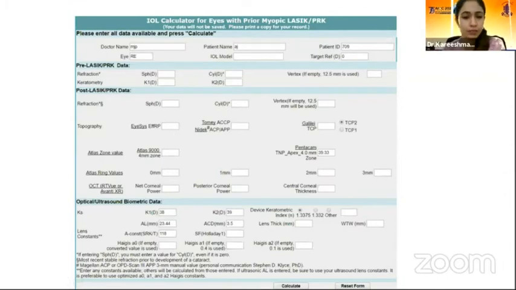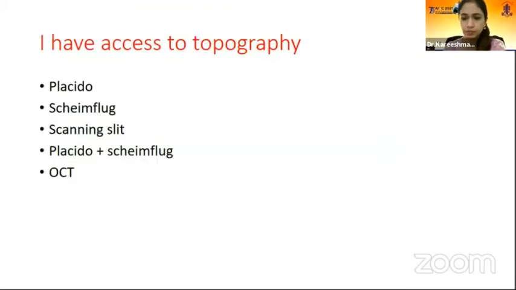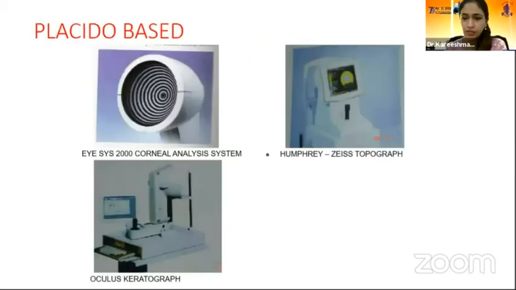Even if you are sending the patient elsewhere, whatever machine they have, they will have this particular display, and you can request them to send you that printout. That is what you need to make sure is done, after which you enter your immersion biometry data. If you have access to topography, no matter what it is, from Placido to Scheimpflug, scanning slit, OCT, you can just feed in your data.